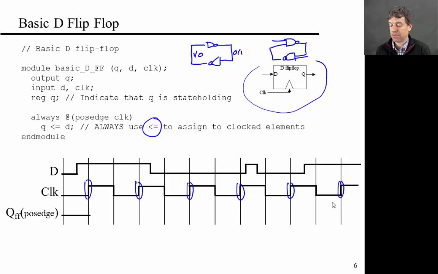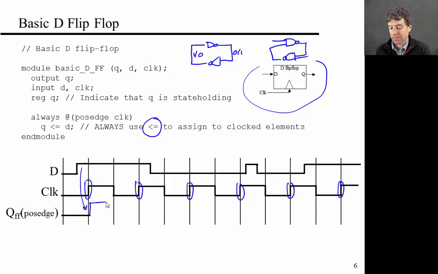That's all the ones I have. And then I want to know what Q is. To get the value of Q at this positive edge, I have to look at what D was right before. So I'm going to say, oh, D here is 1, so this will go up to 1. That's from here.